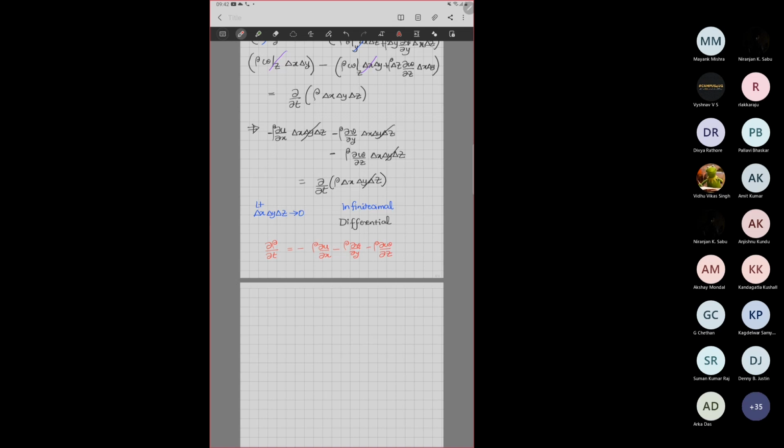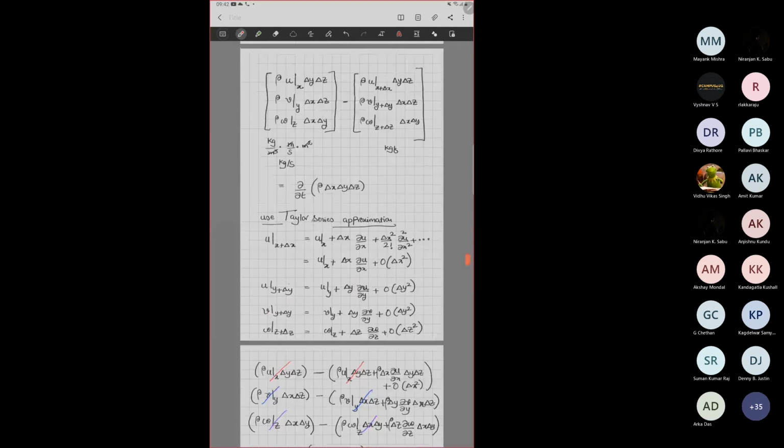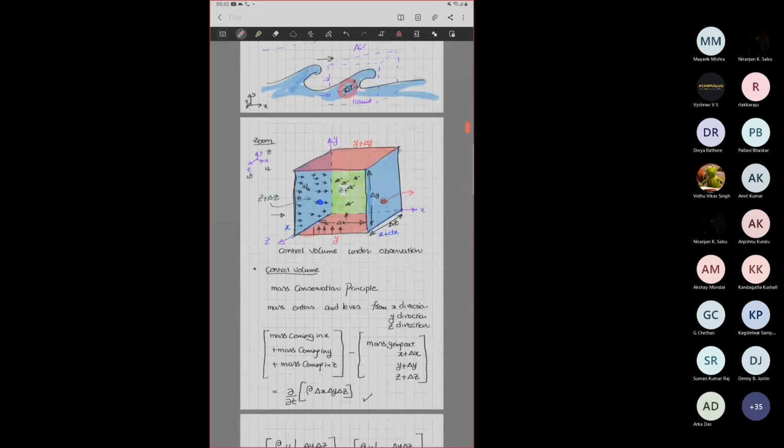Now the question really comes. The mass that is entering, you always counted only in terms of u, v, w. These are velocities. But actually for me mass means, from that surface, how much rho, how much velocity, how much area. The area for this is delta y, delta z.